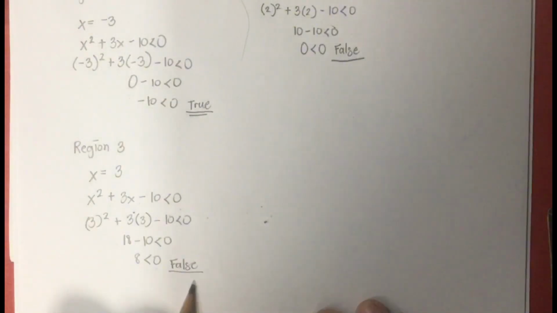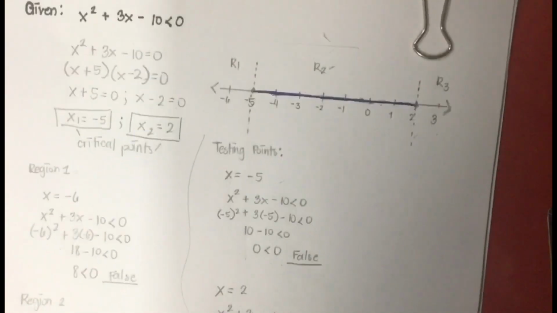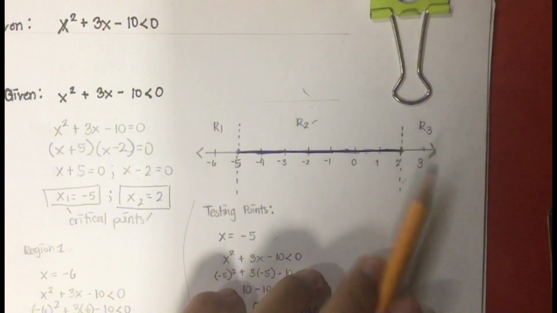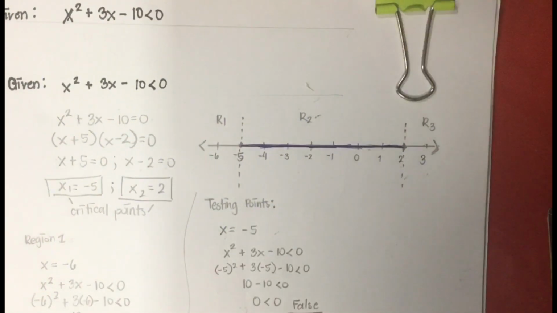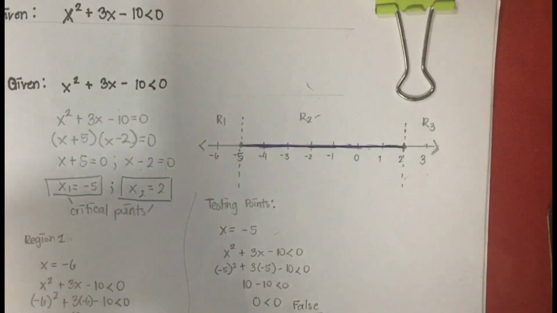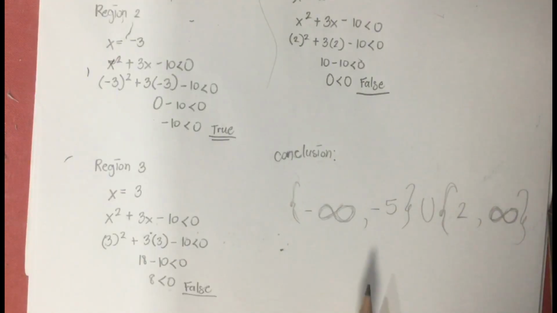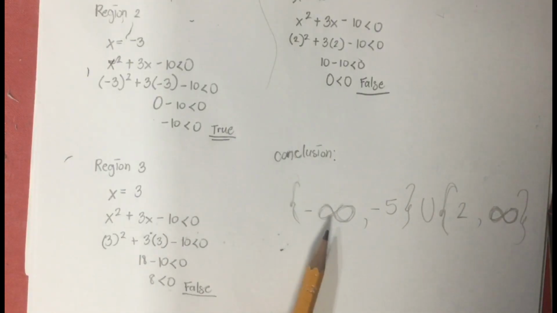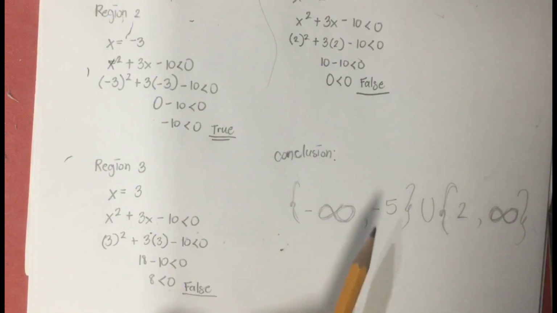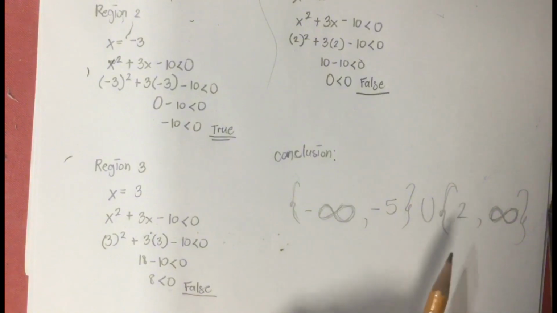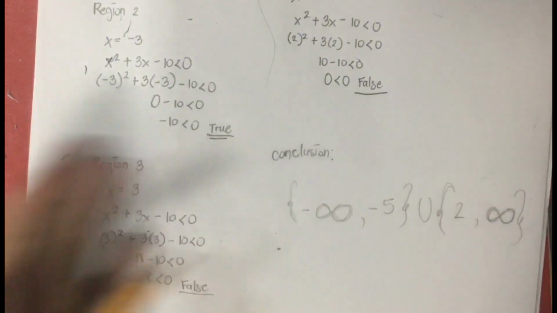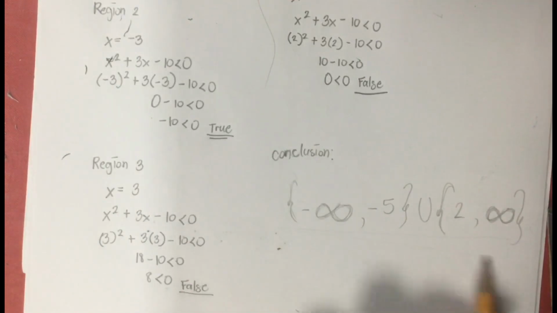Since it is false, we will not be shading region 3. Therefore, the solution is negative 2 to negative 5, a union of positive 2 and positive infinity. So this is our conclusion.